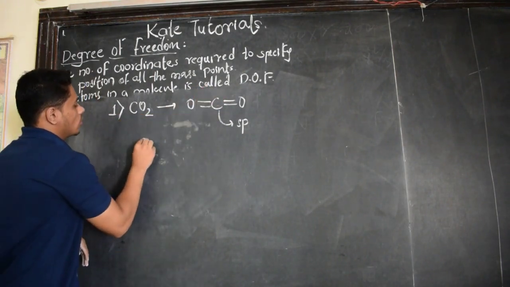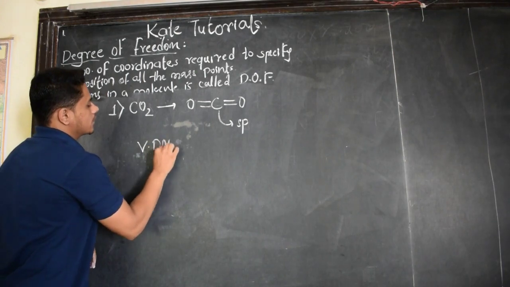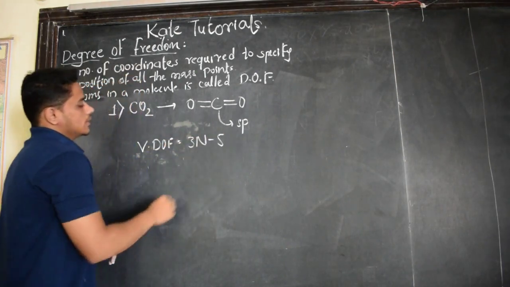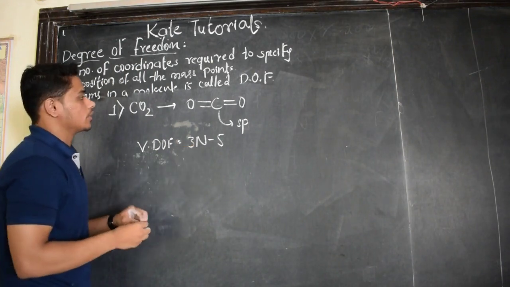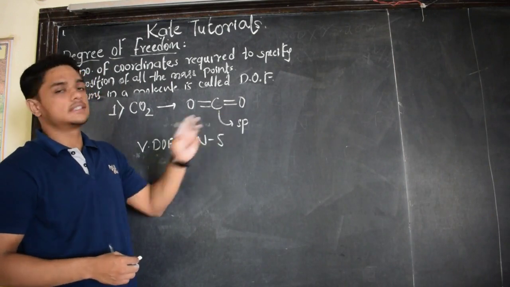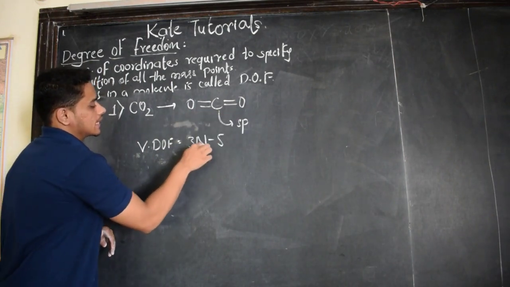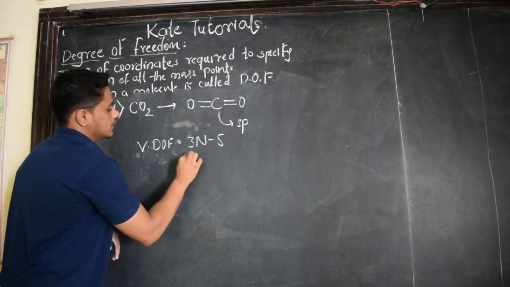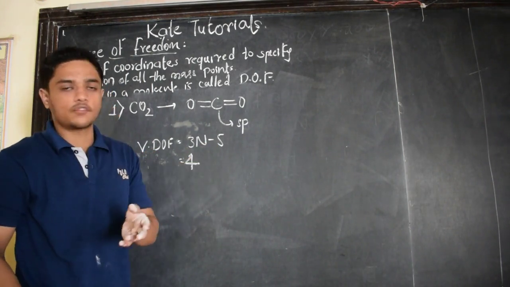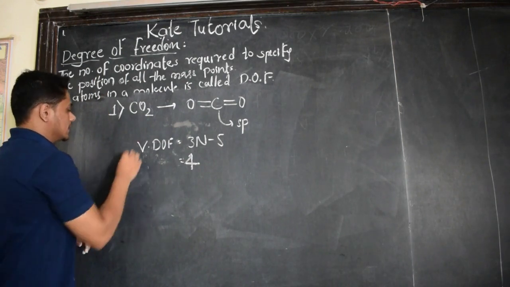For linear we know vibrational degrees of freedom is given by 3n minus 5. N is nothing but the number of atoms. In the carbon dioxide molecule, we have 3 atoms. So 3 3s are 9, 9 minus 5 is 4. 4 is the vibrational degrees of freedom for carbon dioxide, which is linear.